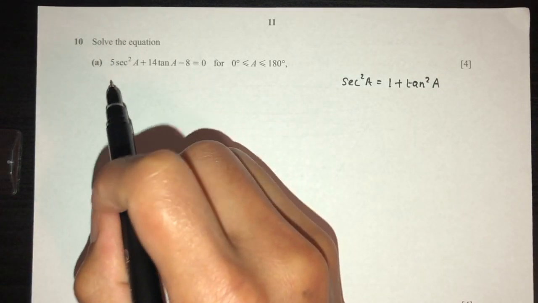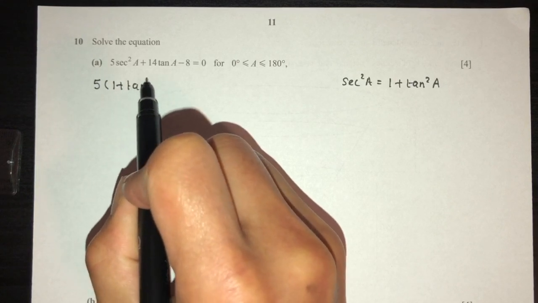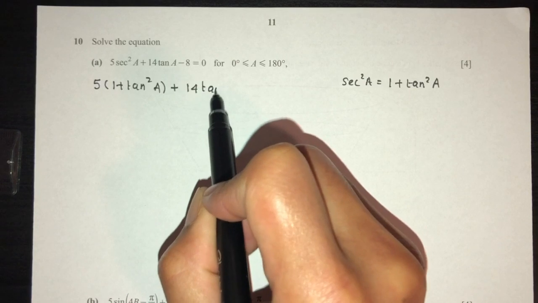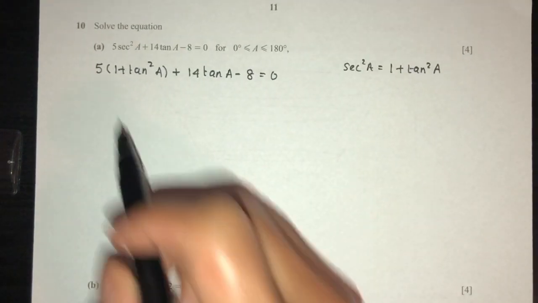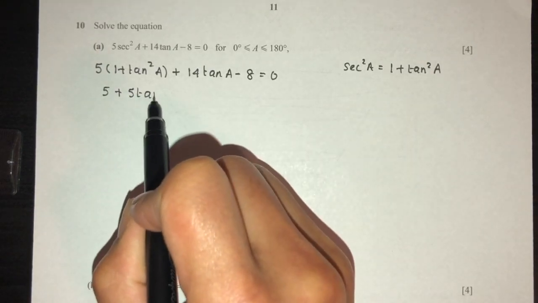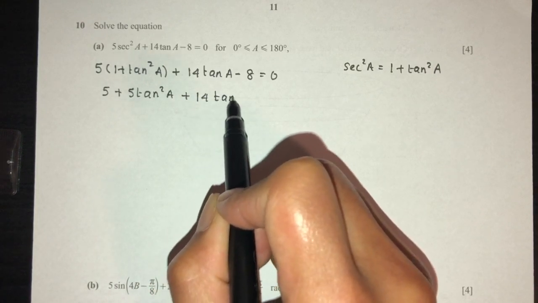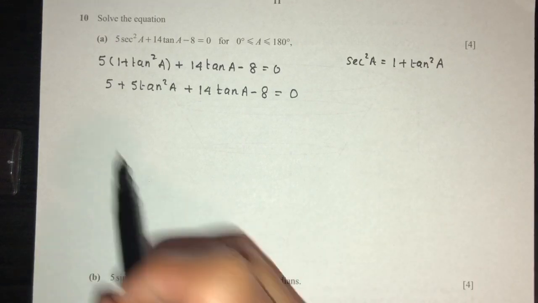So replace, you will see 5 times 1 plus tan square a plus 14 tan a minus 8 is equal to 0. Now you expand, you have 5 plus 5 tan square a plus 14 tan a minus 8 is equal to 0.